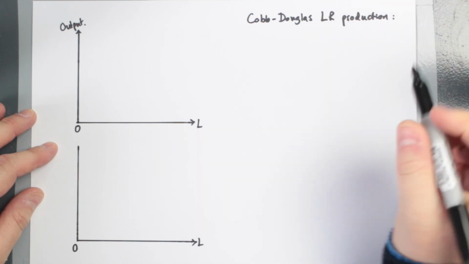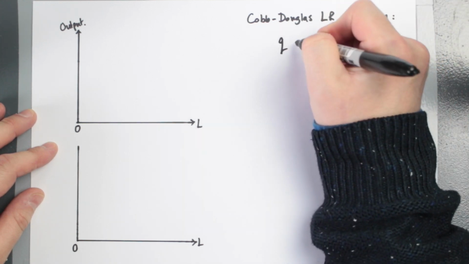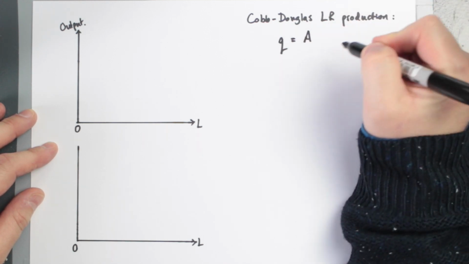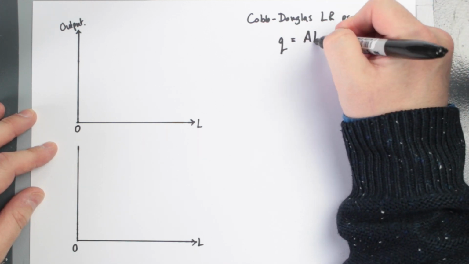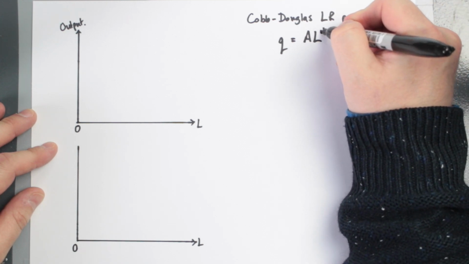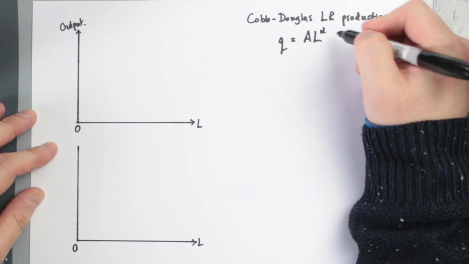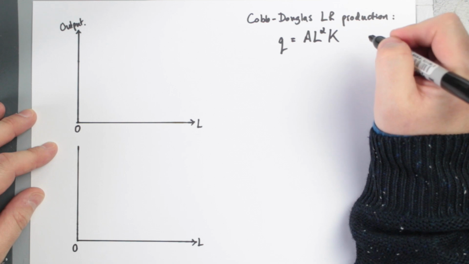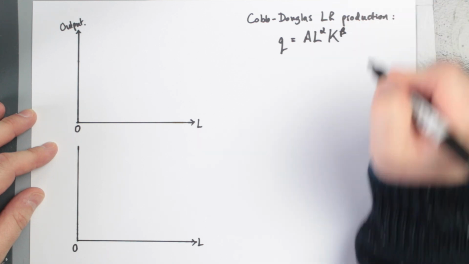And the form it takes is output is equal to some constant A multiplied by how much labour the firm uses to the power alpha multiplied by how much capital the firm employs to the power beta.